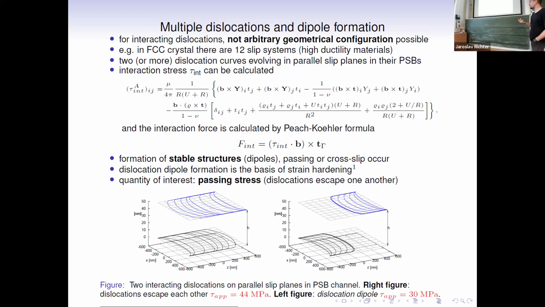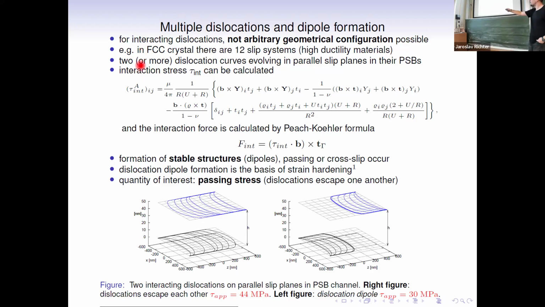From physics, it is known that in FCC crystals there are totally 12 slip system families because they are high ductility materials. So the number of scenarios which can happen is quite restricted. The message is that not an arbitrary geometrical configuration is possible, only a restricted number of configurations.